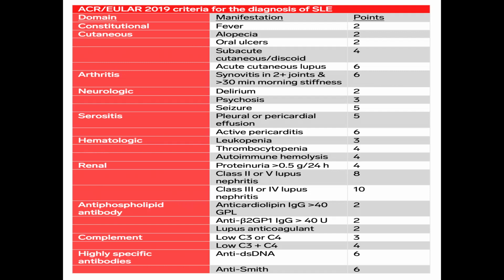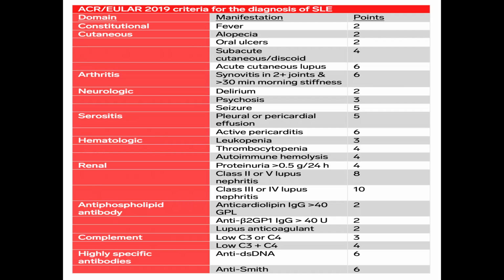Antiphospholipid antibody, such as anticardiolipin IgG more than 40, lupus anticoagulant, complement, low C3 or C4, highly specific antibodies. This is important. Anti-dsDNA and anti-Smith. So compared to rheumatoid arthritis, the screening test is ANA.